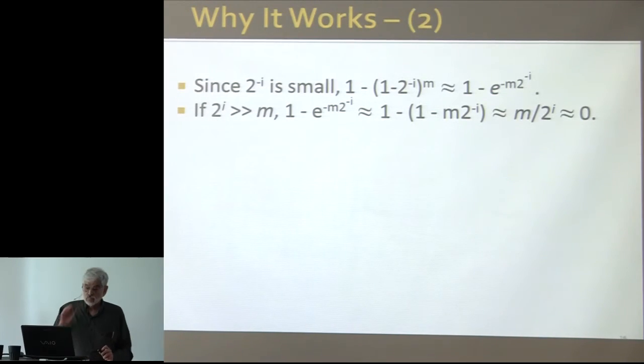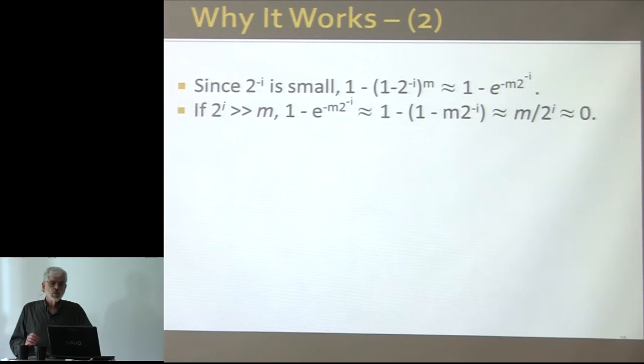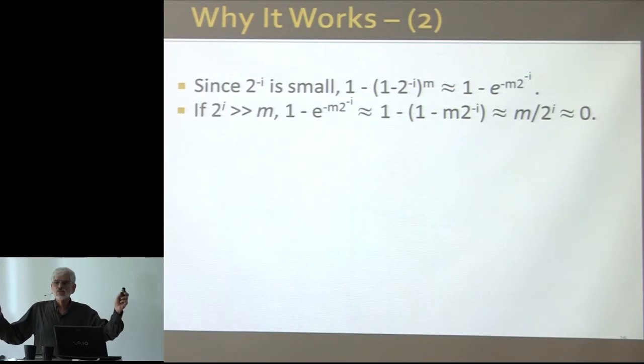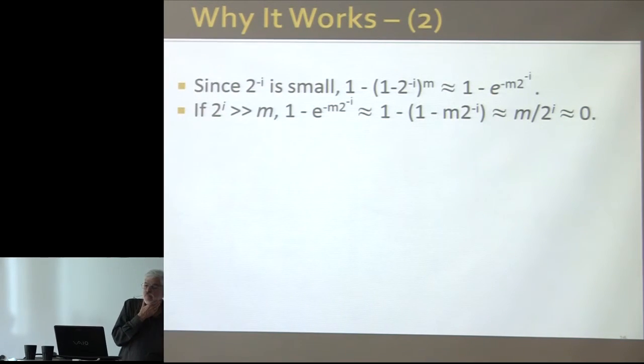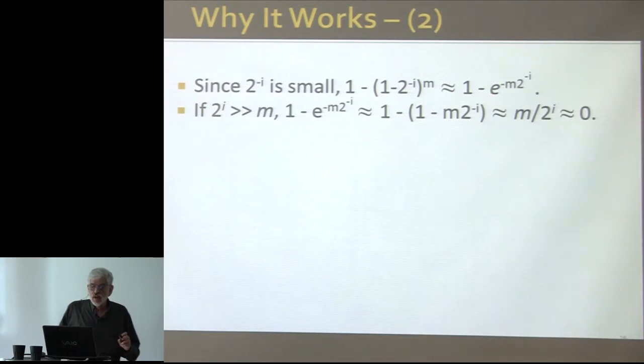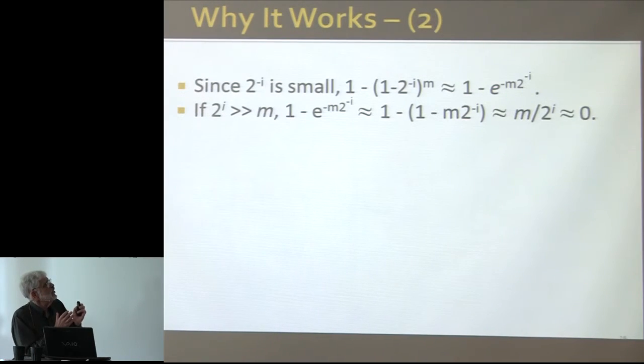Now, suppose 2 to the I is much bigger than m. That says R just was freakishly large, much larger than you would expect. Well, if 2 to the I is much bigger than m, then m times 2 to the minus I is e to a tiny fraction.